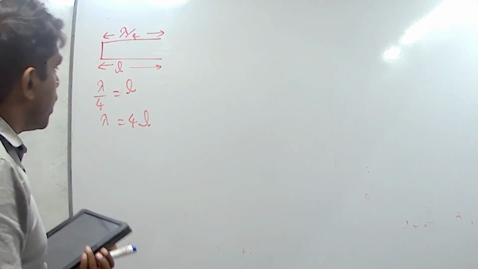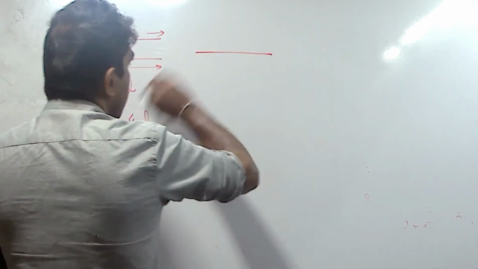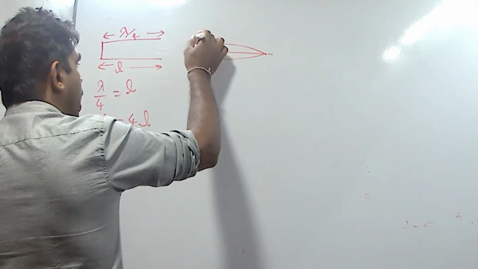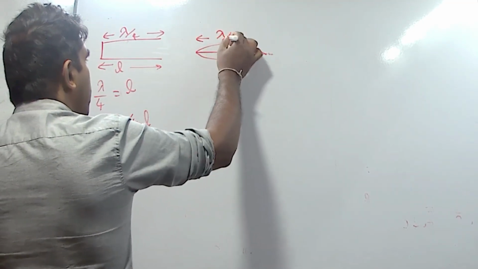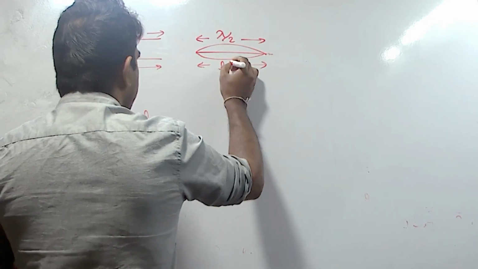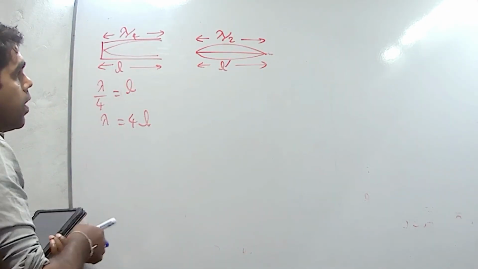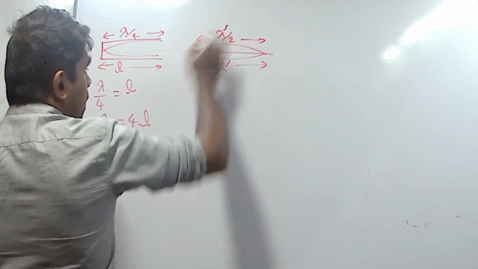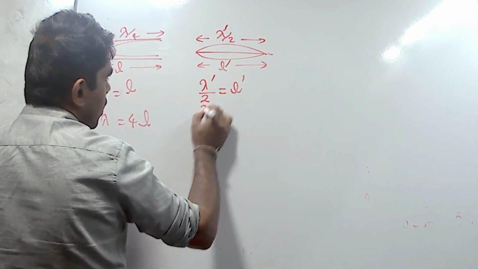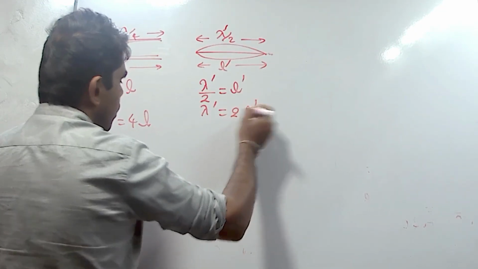It is resonating with a string. For the fundamental, there is only one loop. One loop means lambda over 2 equals L. I will consider it as L dash and wavelength lambda dash. Lambda dash divided by 2 equals L dash. Lambda dash equals 2L dash.